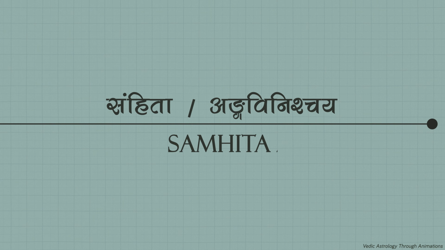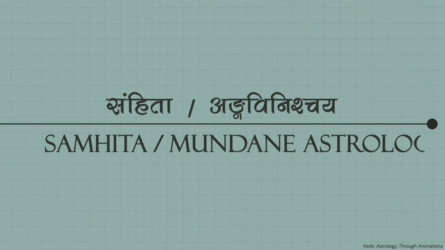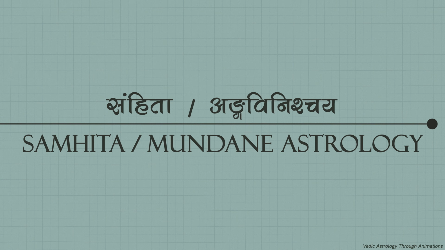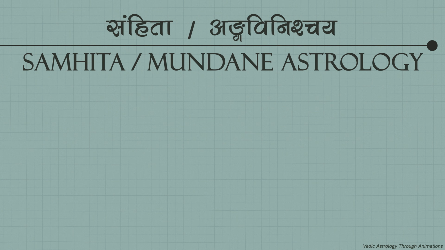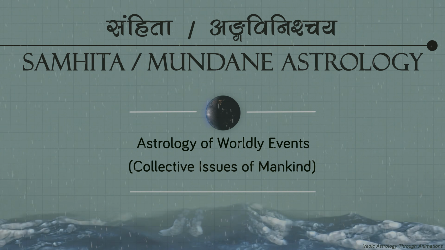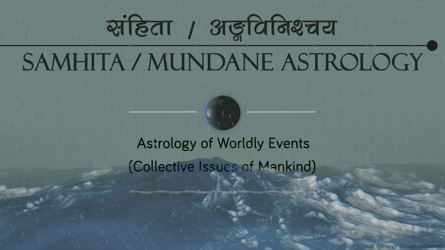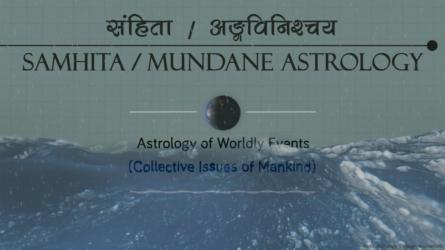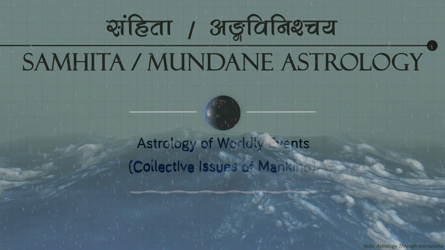This branch is generally referred to as mundane astrology in English. This is related to astrology of worldly events. It predicts things like rains, weather, epidemics, harvests, floods, and planetary effects on other natural and collective issues of mankind.